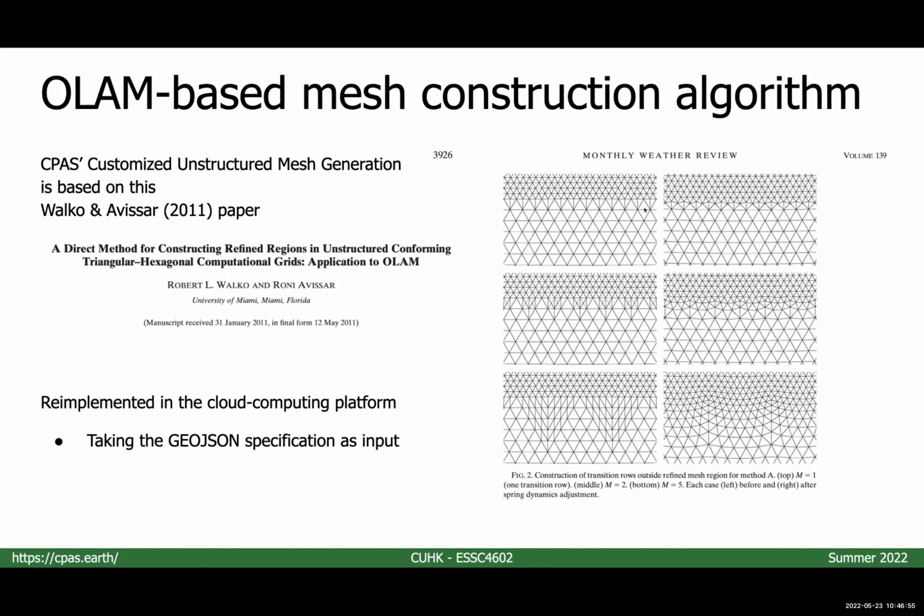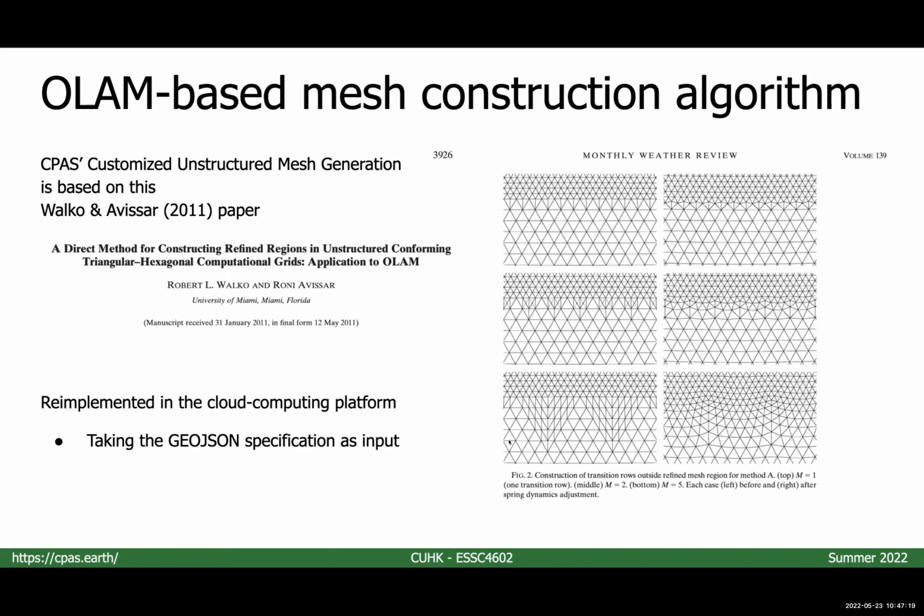And it has an algorithm that lets people generate mesh with smooth transition. Like in this figure, if the transition is very steep, in the way that there is only one layer as transition region, then the resulting transition will be too steep.